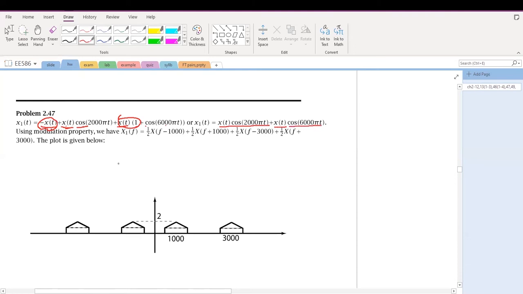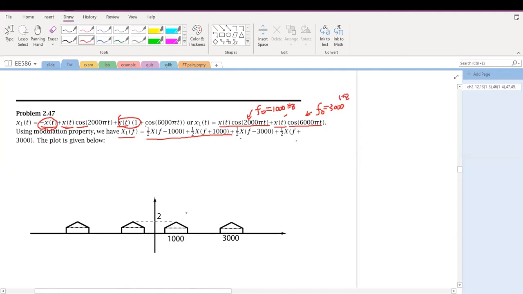So now using the modulation property here, this is the first portion, the frequency of this cosine equals 1000, and the frequency of this cosine equals 3000. That's hertz. And using the modulation property, that equals that.